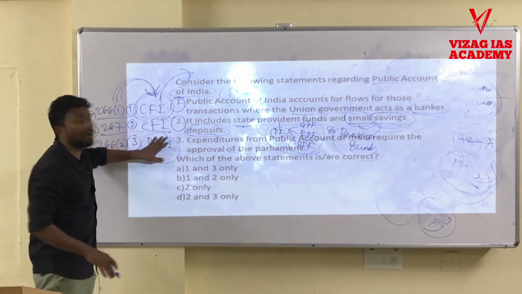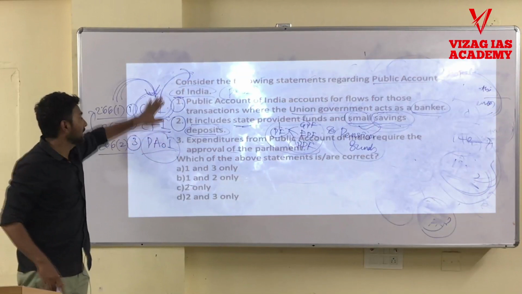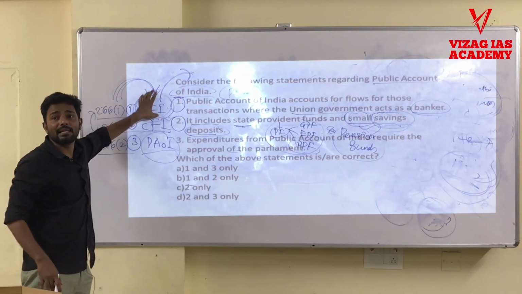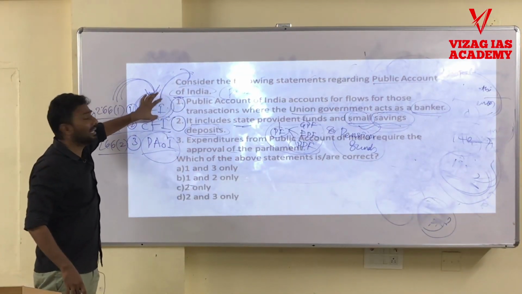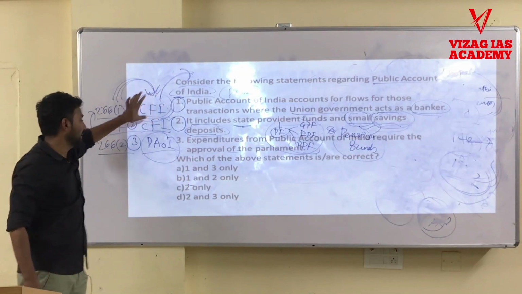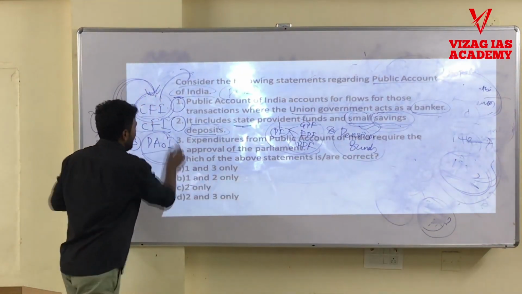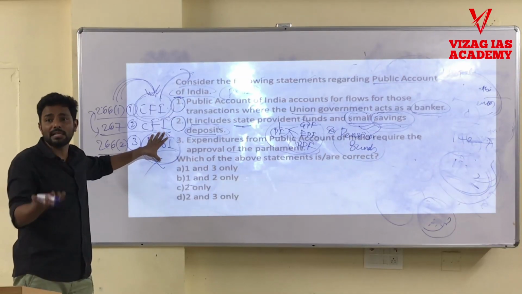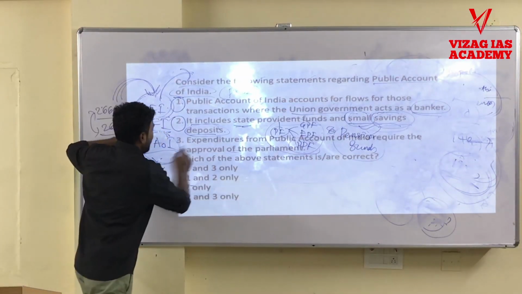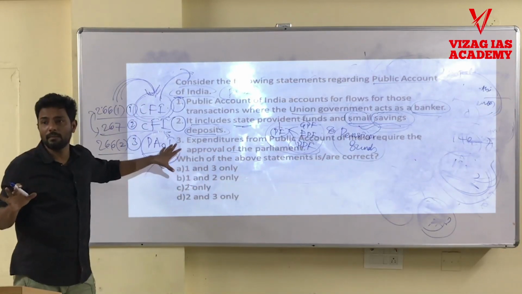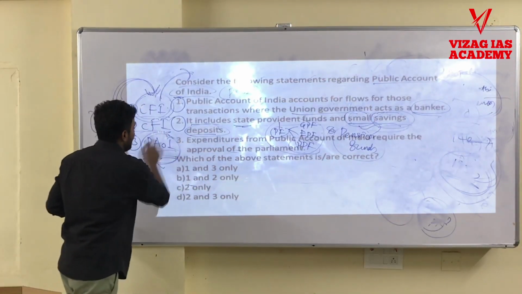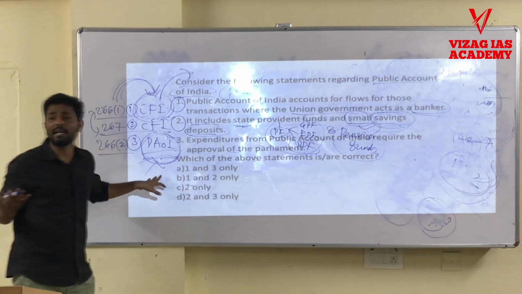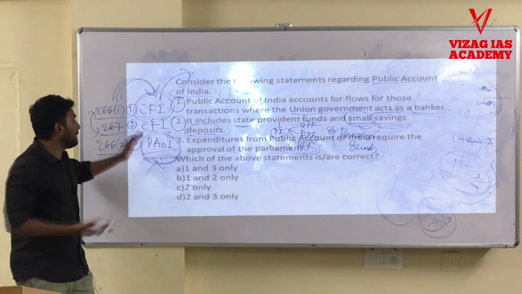Every expenditure also comes from the Consolidated Fund of India. All the income and expenditure of the government constitute the Consolidated Fund of India, whereas the Public Account of India is not the income of the government. These are the savings or deposits of the people. So this has nothing to do with parliamentary approval.